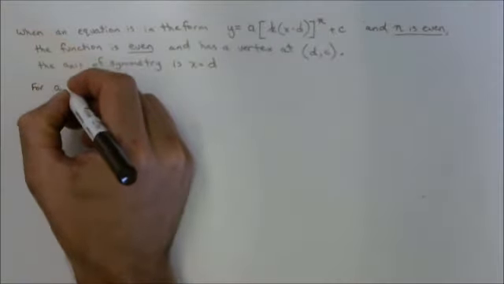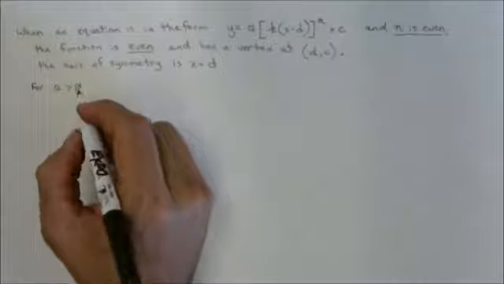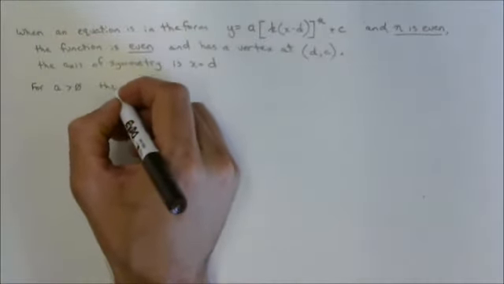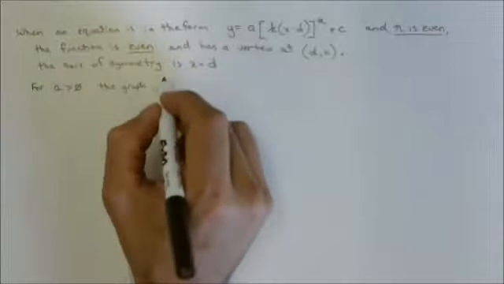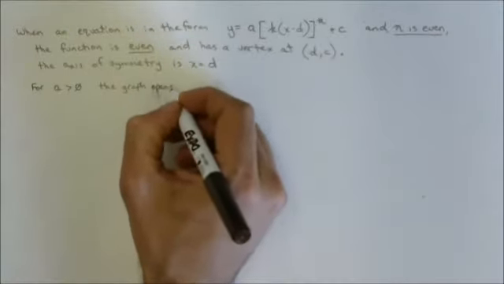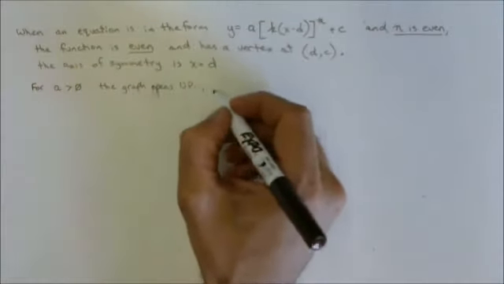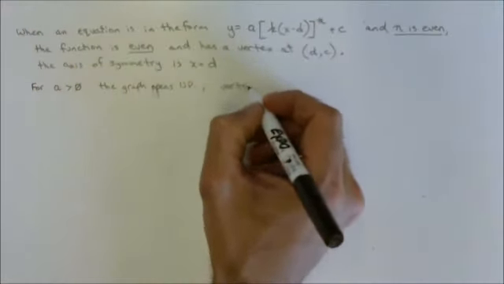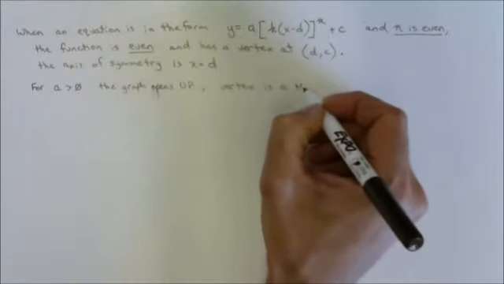For a greater than 0, so positive leading coefficient, which way do you think the graph opens? The graph opens up, which makes the vertex a min.